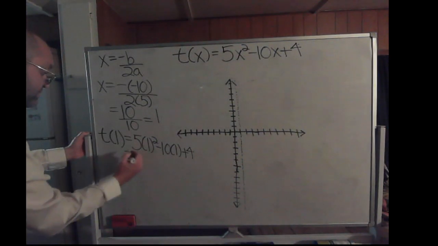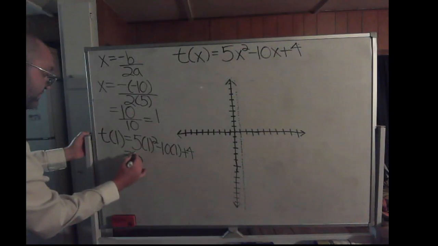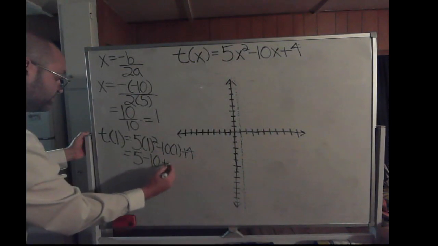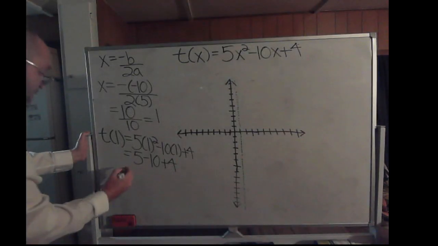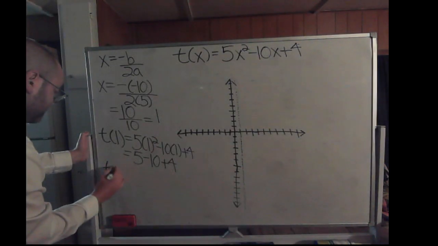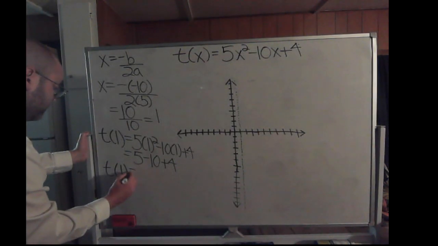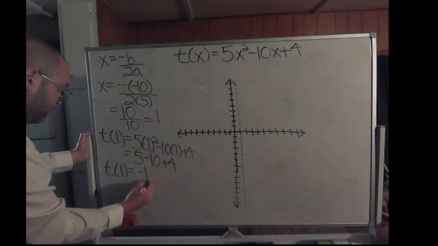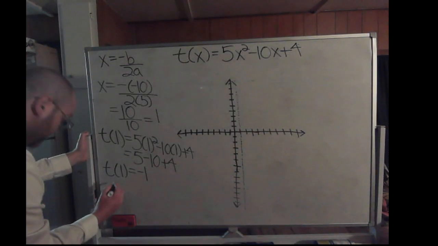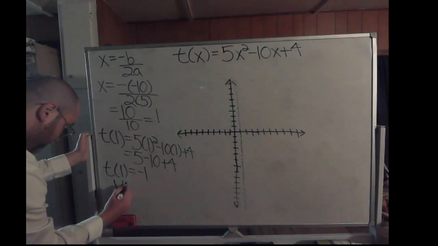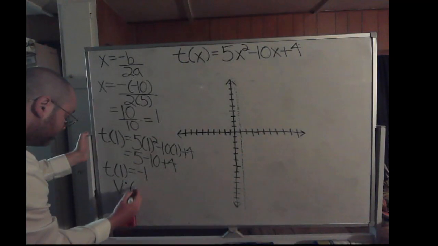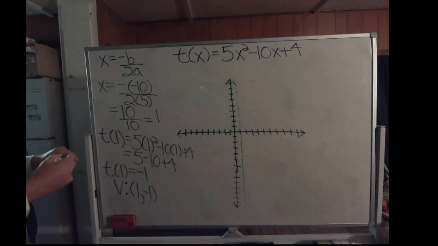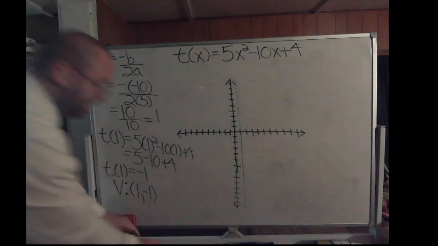Well, 5 times 1 to the second power, that's going to be 5, minus 10 times 1, well, that's minus 10, plus 4. Well, this gives us a final result with t of 1 being 5 minus 10 is negative 5 plus 4 is negative 1. So the coordinate of the vertex, point V, is going to be at 1, negative 1. So the coordinate of the vertex is therefore 1, negative 1.